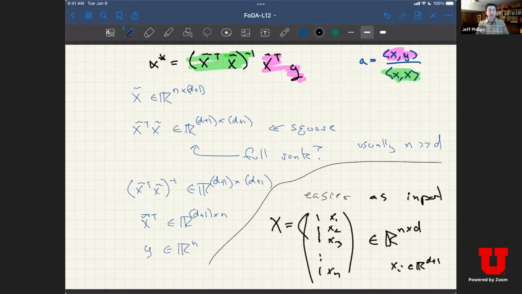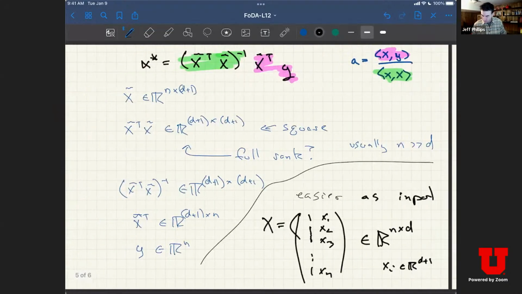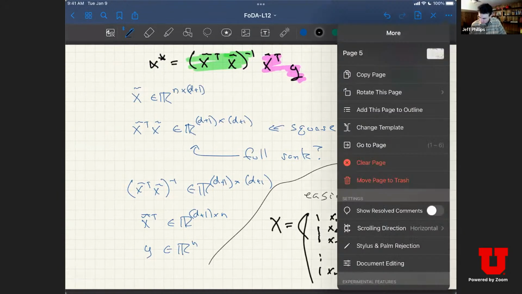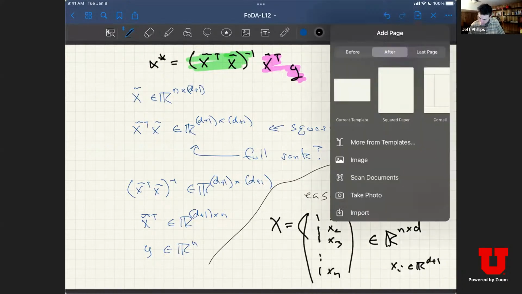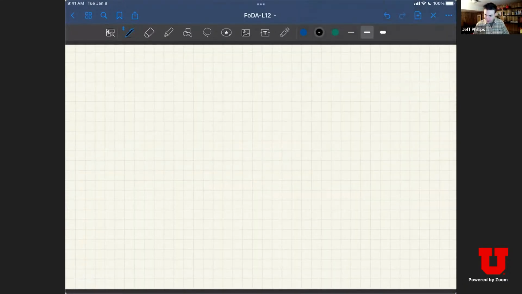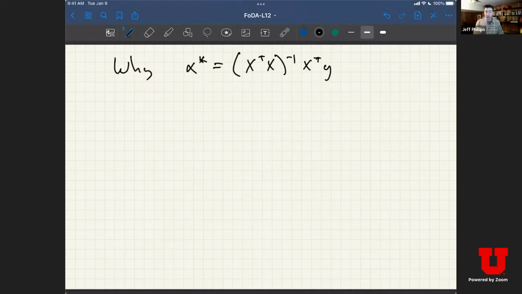Okay, so why is this the right solution? Quickly, why is alpha star equal to x transpose x inverse x transpose y? Why is this the optimal solution?